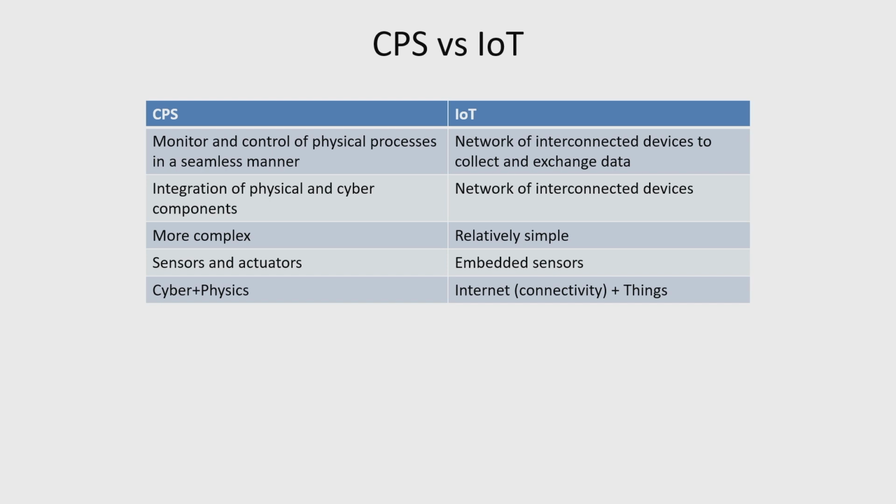So I am making a comparative table of CPS, that means cyber physical system, versus Internet of Things. CPS can monitor and control the physical processes in a seamless manner. That is the focus, monitoring and control: you get the information, you take action, whereas IoT just needs a network of interconnected devices to collect and exchange data.